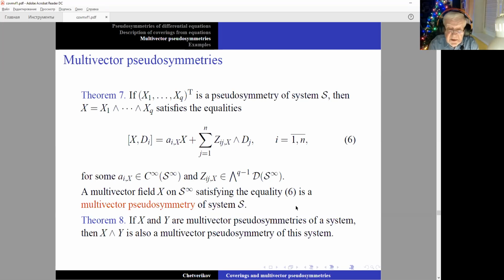But this multivector pseudosymmetry can be 0, of course.